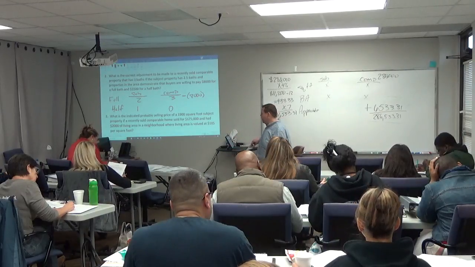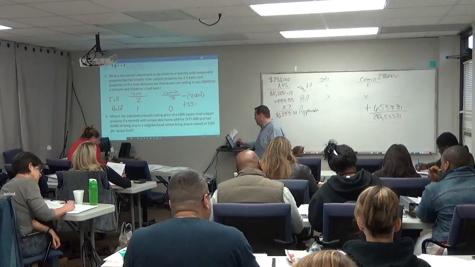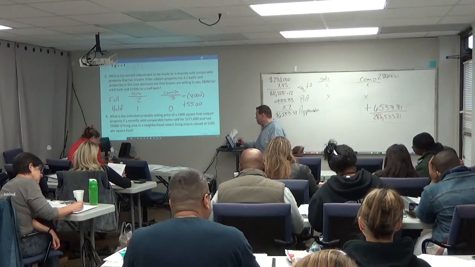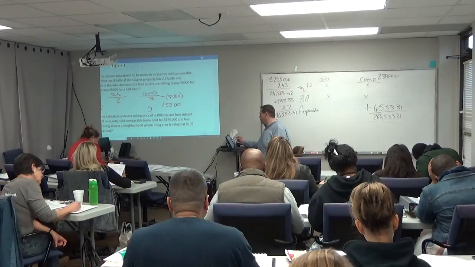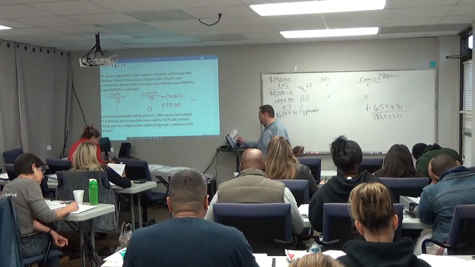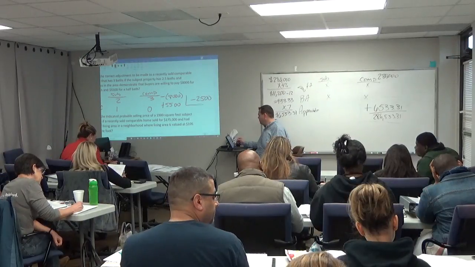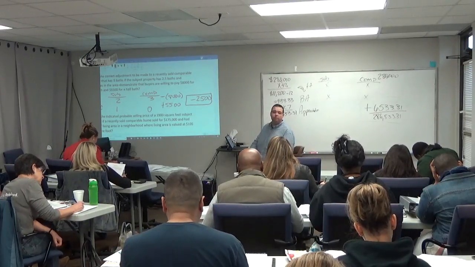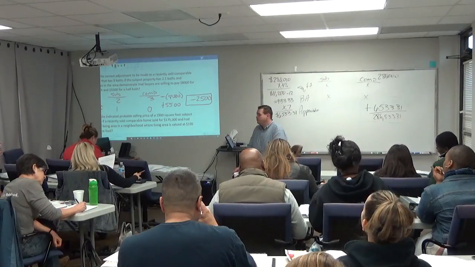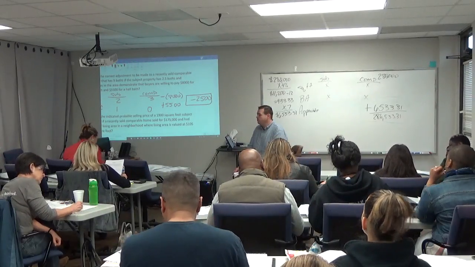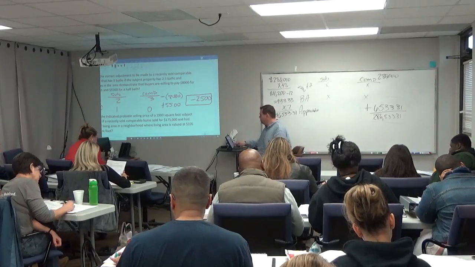Up by the value of a half bath, so that's going to be plus $5,500. So they want to know the correct total adjustment. If I add those together, it's going to be minus $2,500. That make sense? Minus $2,500.